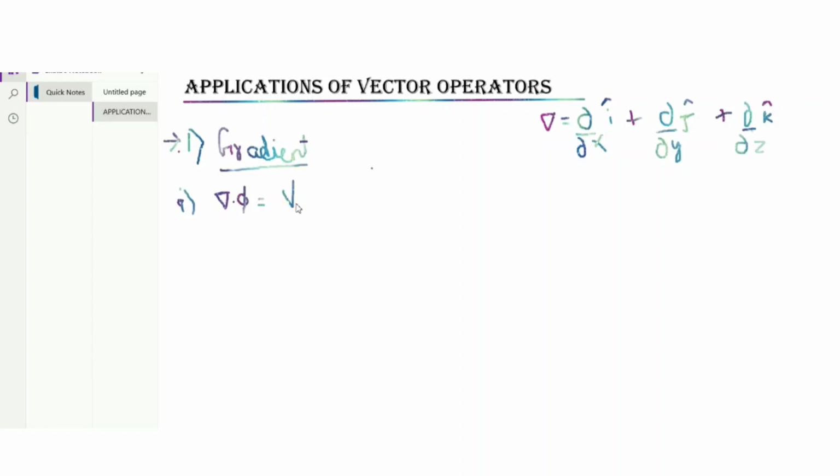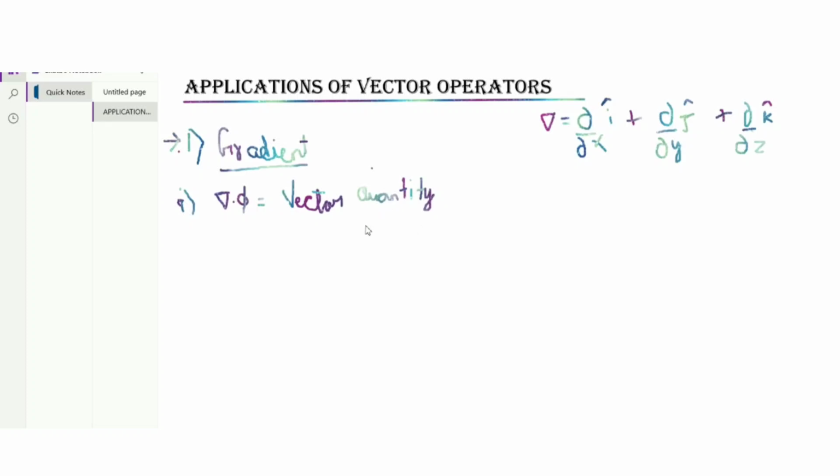This quantity now becomes a vector quantity. Previously it was a scalar quantity, but here's a twist. When you apply this del operator to the scalar function, it results in a vector quantity. It means it has some sort of direction also.